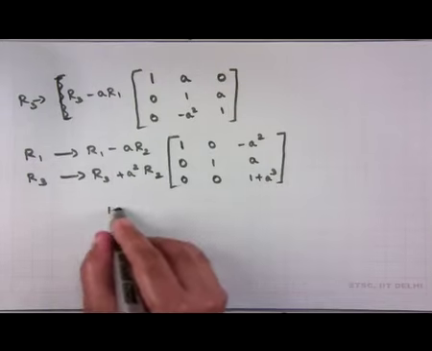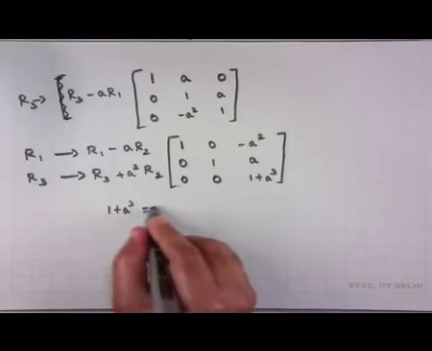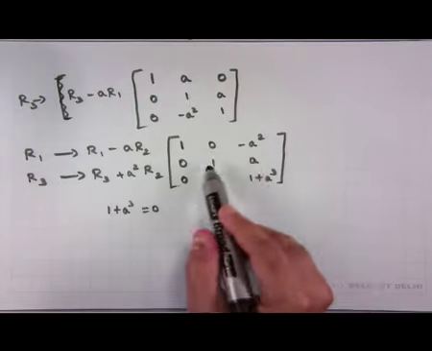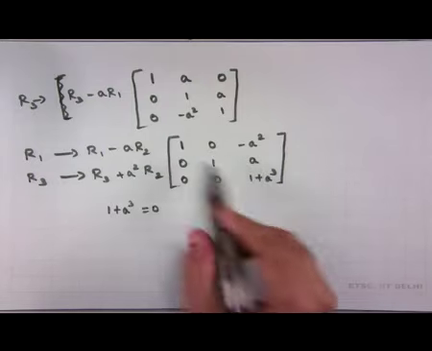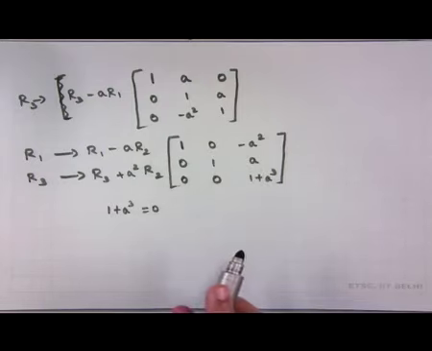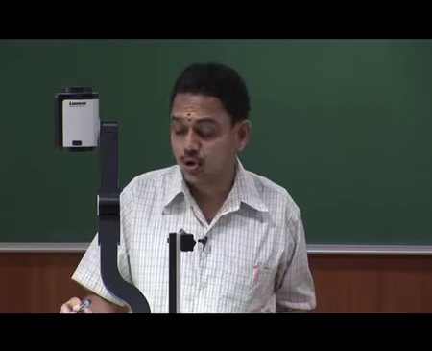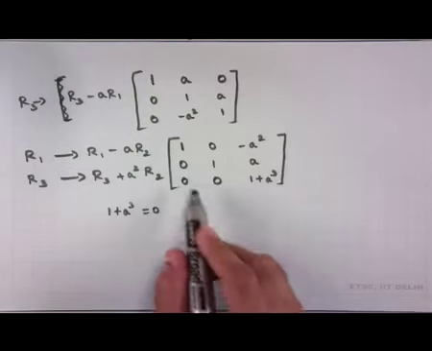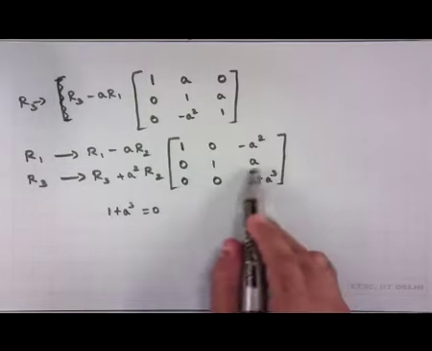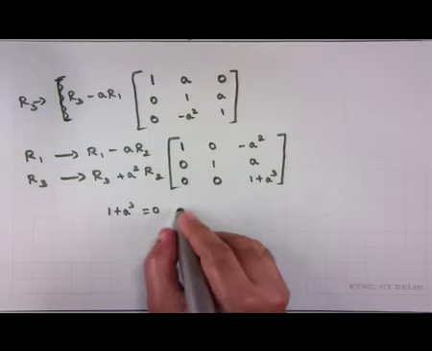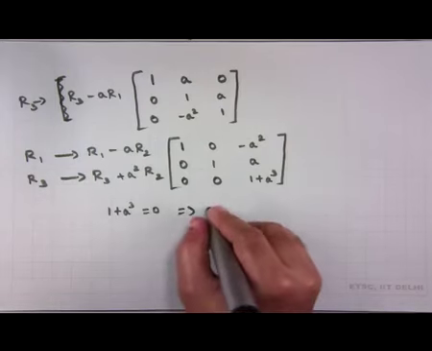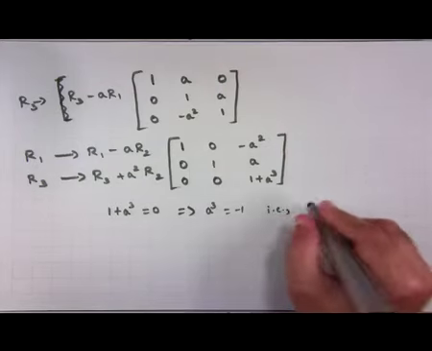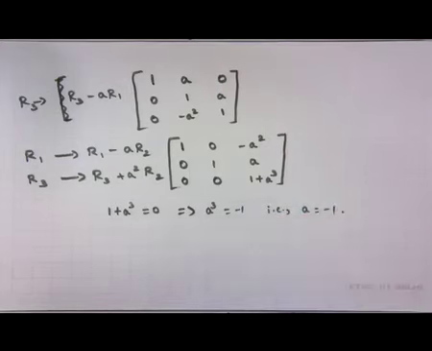For the other two rows you already have a 1, so you have a non-zero term, which means you cannot expect them to become a 0 row. So, the only thing that you can expect is the last one. You already have two zeros, so the last term, which is 1 plus A cube, can become 0. If that becomes 0, that will imply that A cube is minus 1, that is A equal to minus 1.